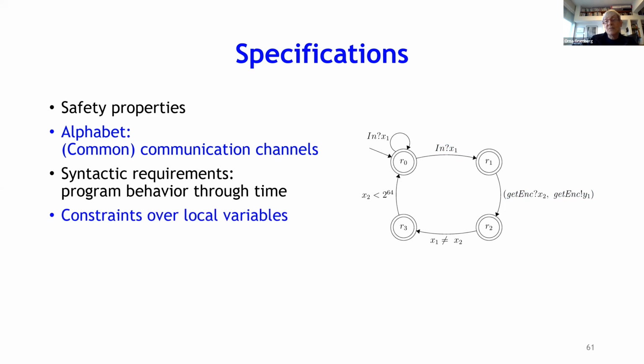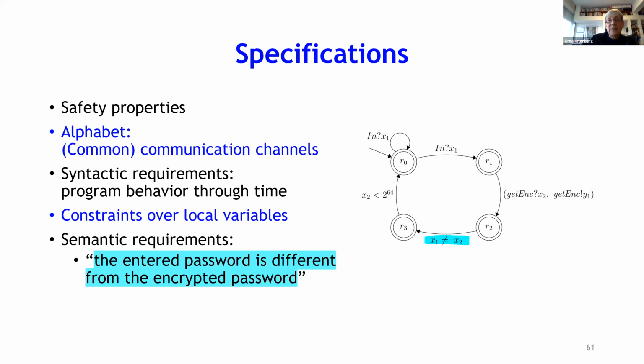And we may have semantic constraints that, for instance, require that the value of X1 before encryption is different from the value after encryption, or that there is no overflow. Here, we require that X2 will be smaller than 2 to the 64.